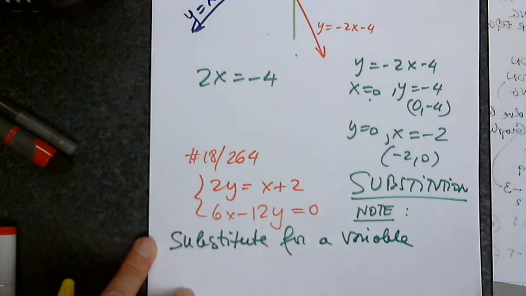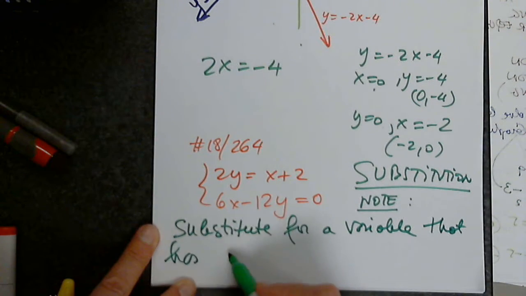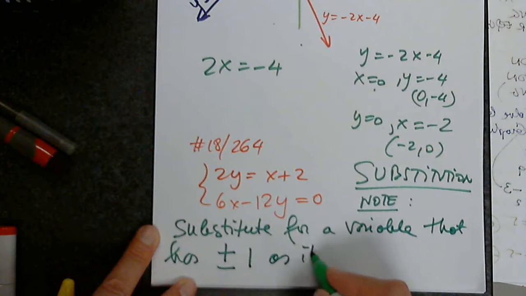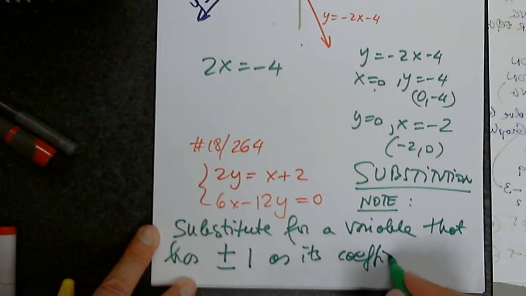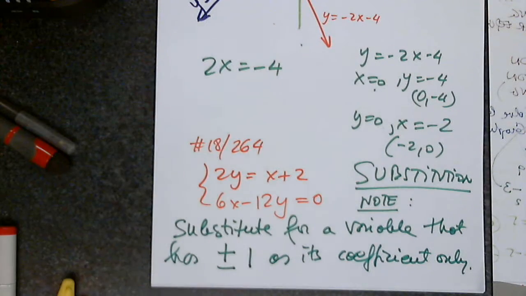In other words, solve an equation for a variable that has plus or minus 1 as its coefficient. Only. Not something that has 6 in front, 6x, or 5x, or 10x, unless you can simplify that number.